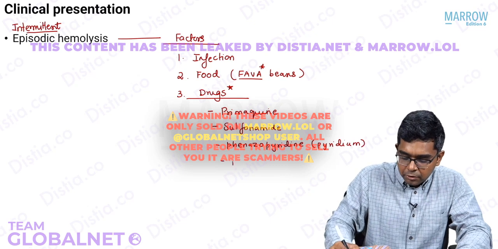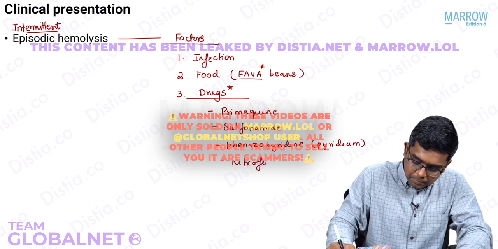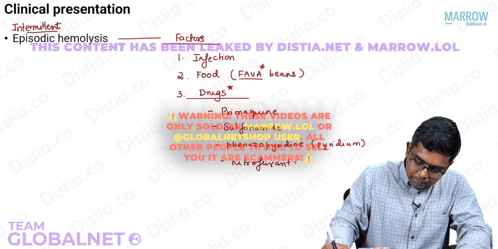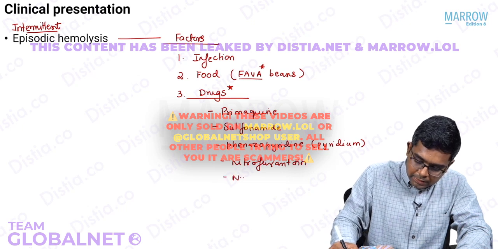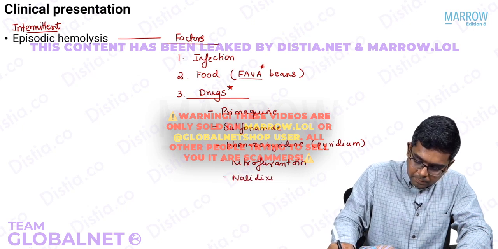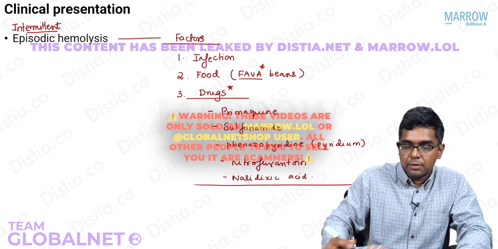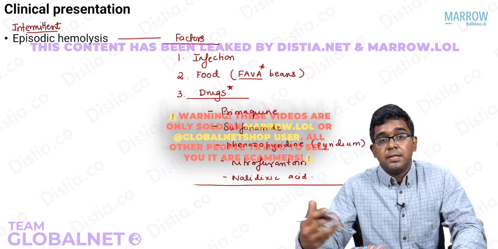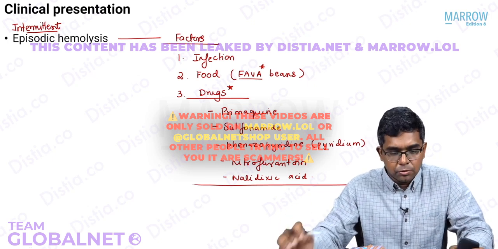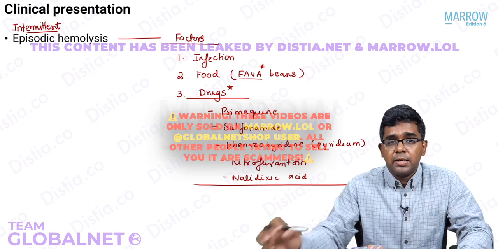Next is nitrofurantoin, and one more is nalidixic acid. These are all important medications which can trigger hemolysis in a G6PD deficient patient. So don't forget, they have episodic hemolysis.